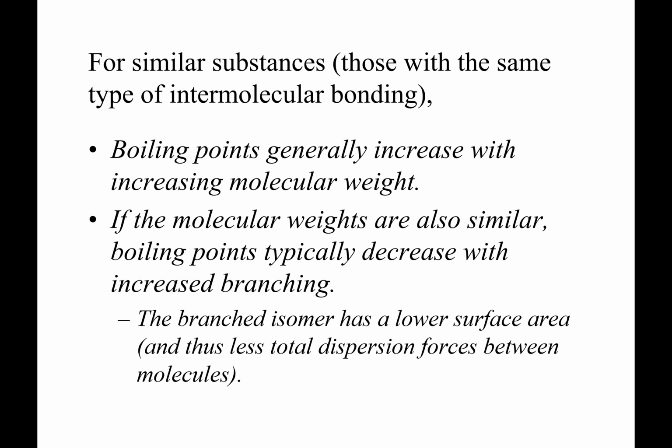If the molecular weights are similar, which they totally were with those 3 different isomers of pentane, then the branched isomer will have the lower surface area and thus less dispersion forces, and will have what? The lower boiling point temperatures. So this is what I put up over here: increased branching, less surface area, less dispersion forces.